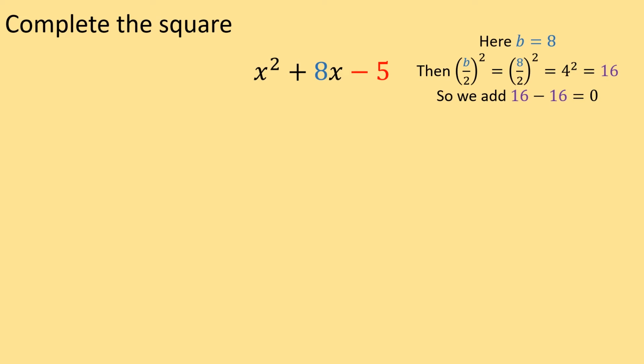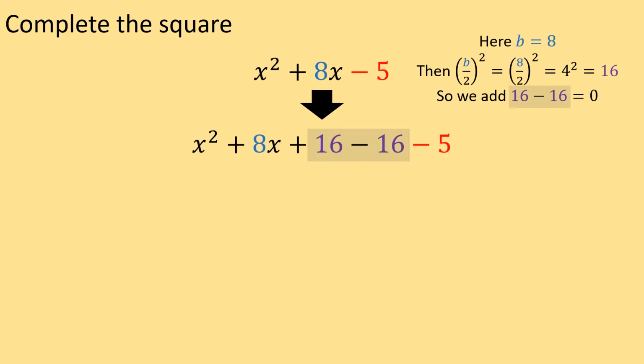And we're going to add the 16 right after the 8x here. It just so happens that x squared plus 8x plus 16 is the same thing as the quantity x plus 4 squared. And this is the reason we pick 16. In other words, these three terms are going to factor to x plus 4 squared.